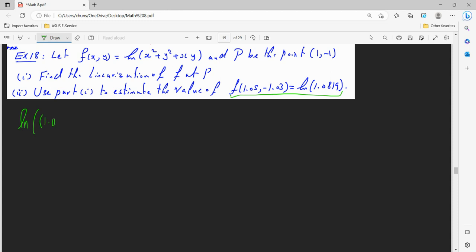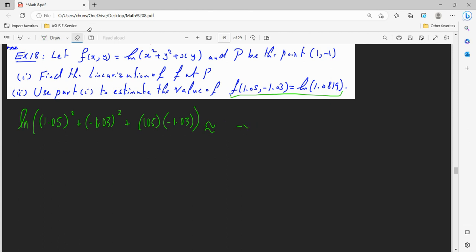Our x value now is 1.05 squared plus our new y value, negative 1.03, squared, plus 1.05 times negative 1.03. And this is roughly equal to the approximation that we got for our linear approximation, which was x minus y minus 2.